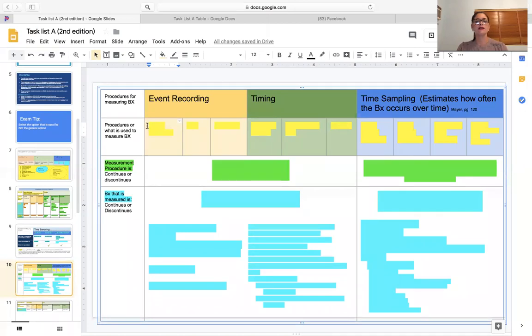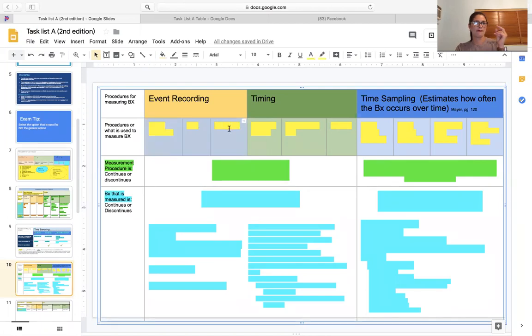Anybody else want to say it fast, just to play with fluency? Event recording, what are they? Ready, set, go. Count, frequency, rate, and acceleration. Timing, ready, set, go.